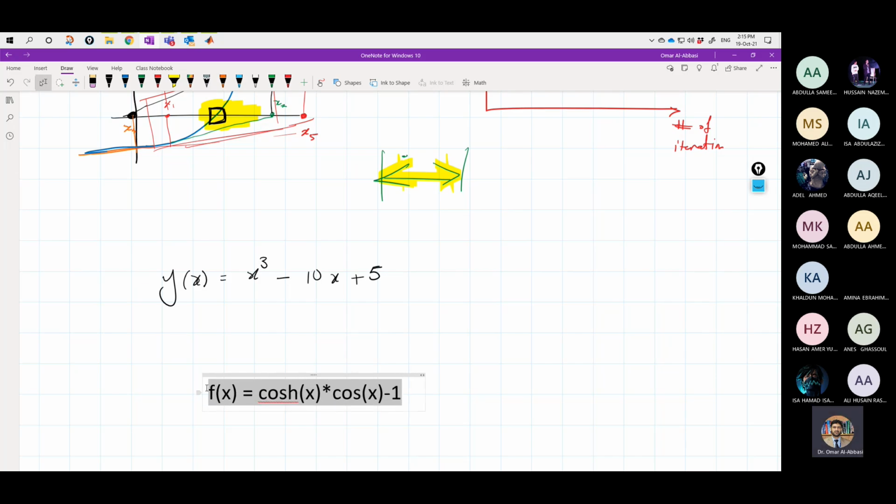Find the solution for this function. And let me say the initial guess is, okay, if i equals 0, the initial guess is 1.